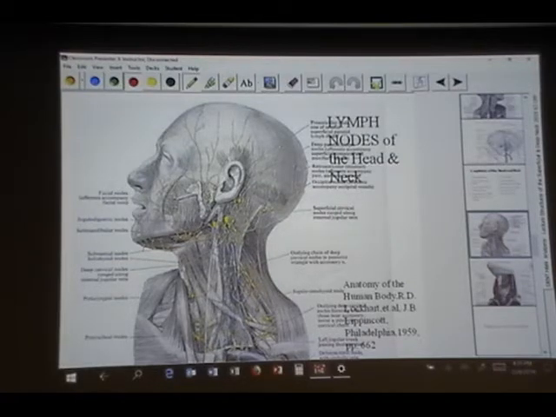Yes, can lymph nodes be distended and then stay distended for a while? Oh yeah, they could be huge. We had a cadaver in there up until I think two years ago, a young woman, I say young because she was under 50, who had lymphoma.